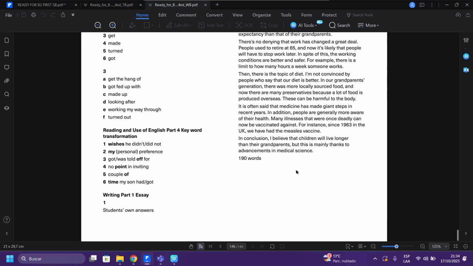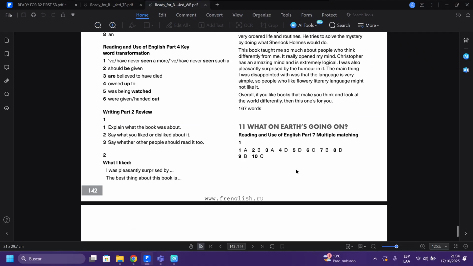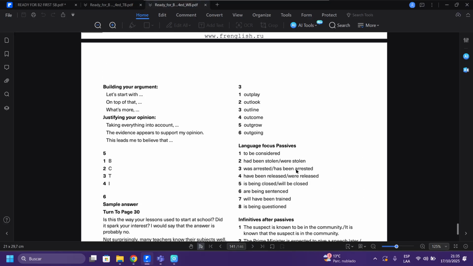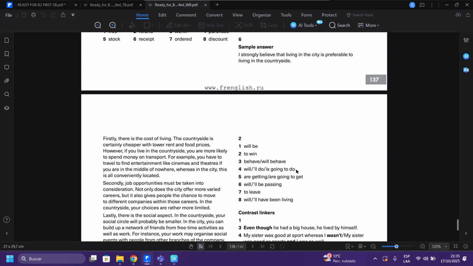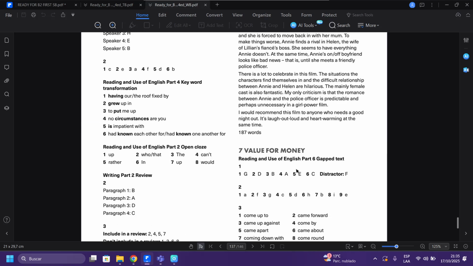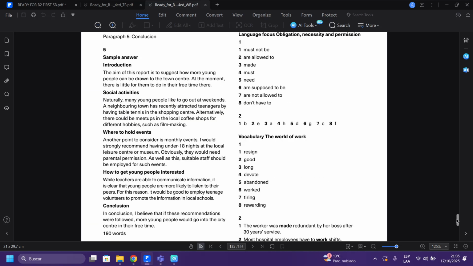You go to the end, and there are the answers, all of them. You just have to look for the unit, right? All of the answers of every single question are at the end of the workbook. So you can check this, and no more than that.